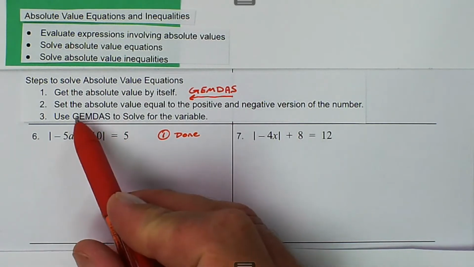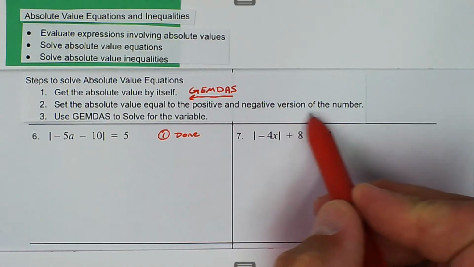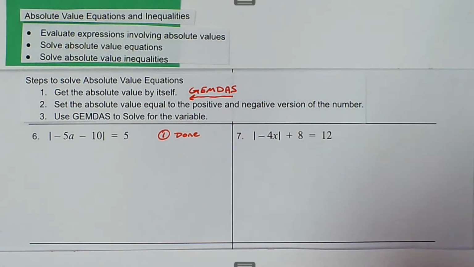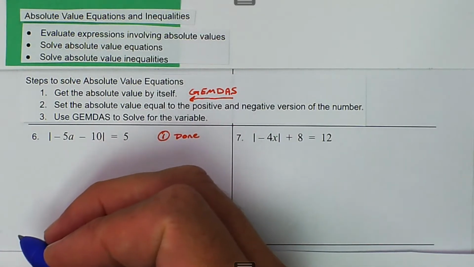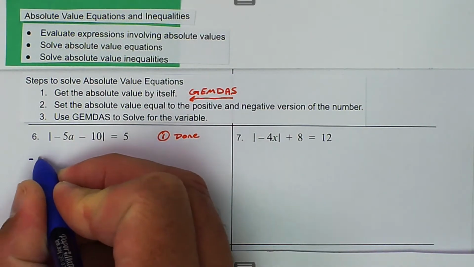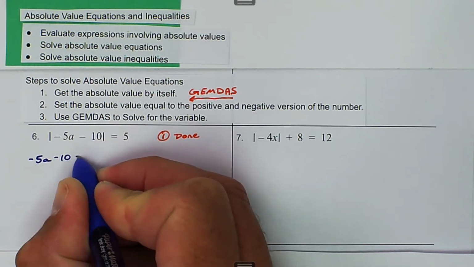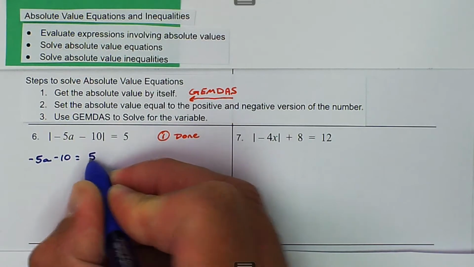So step number 2, set the absolute value equation equal to the positive and negative version of the number. So we have positive 5. So we want to set it equal to the positive and negative version. And so we will say whatever's inside the absolute value, so negative 5a minus 10, is equal to 5.